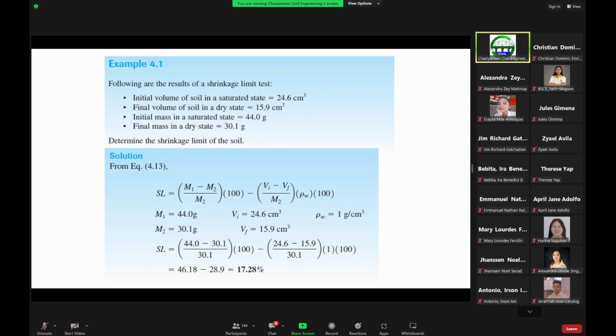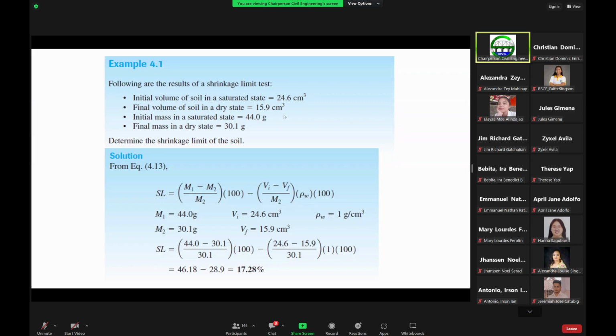So here you have an example of results of a shrinkage limit test. I'm not sure if you will do this in the lab. In the shrinkage limit test, you have the initial volume of soil in a saturated state, then the final volume of soil in a dry state, which is given here.